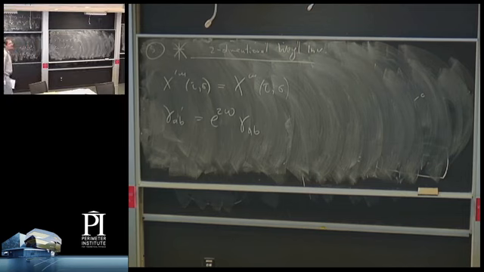The transformation is a rescaling of the metric, where omega is an arbitrary function that depends on tau and sigma.